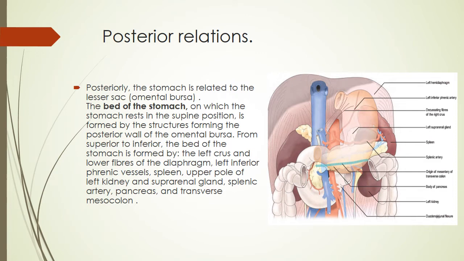You have to memorize these structures: the left crus and lower fibers of the diaphragm, left side of the diaphragm, then the left inferior phrenic vessels, spleen, upper pole of left kidney, left suprarenal gland, splenic artery, very important, pancreas, and transverse mesocolon.